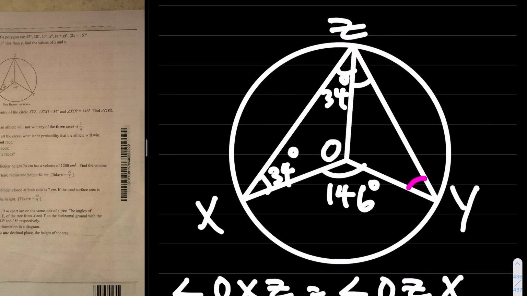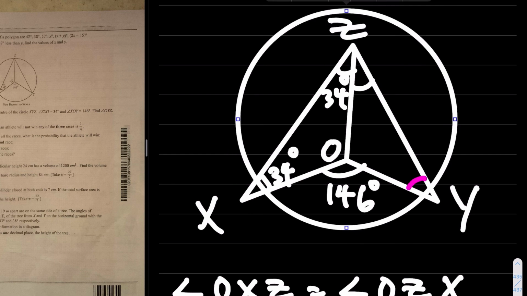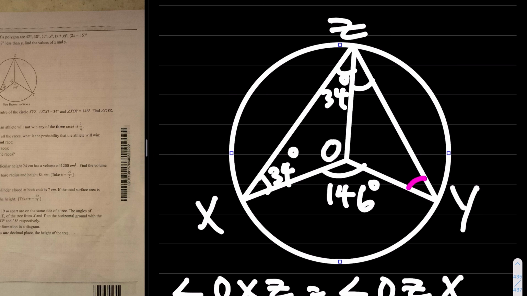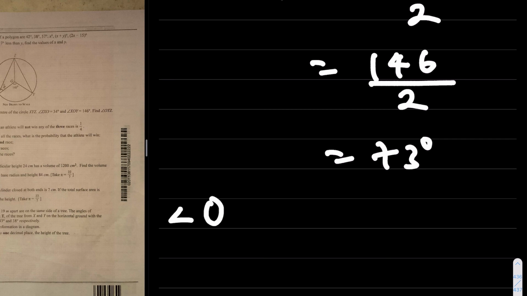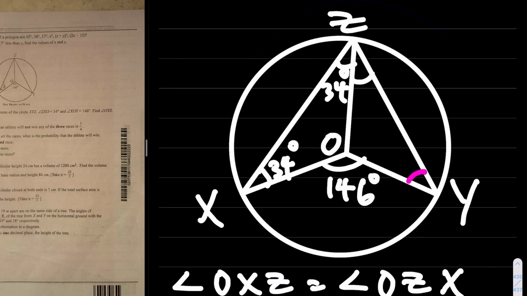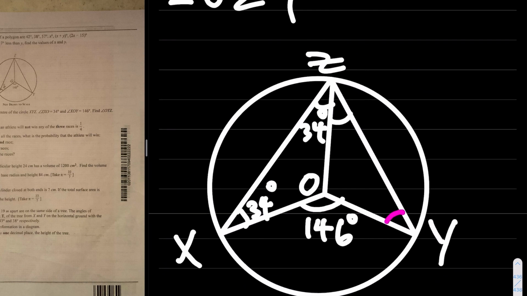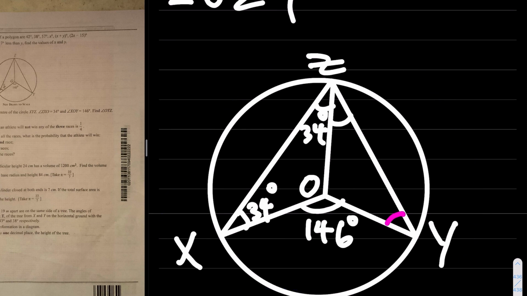Now I want to find this angle alone, angle OZY. Let me bring the diagram down. Angle OZY, which is this small angle, is going to be XZY, which is this big one, minus OZX, which is 34.